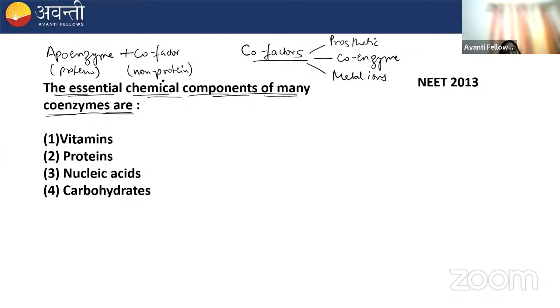Cofactors are further of 3 types: prosthetic group, coenzyme, and metal ions. Together, the cofactor plus the apoenzyme form the holoenzyme, which is biologically active. MS Gauri says 1. Very good, MS Gauri. Vitamins, beta, it is vitamins.